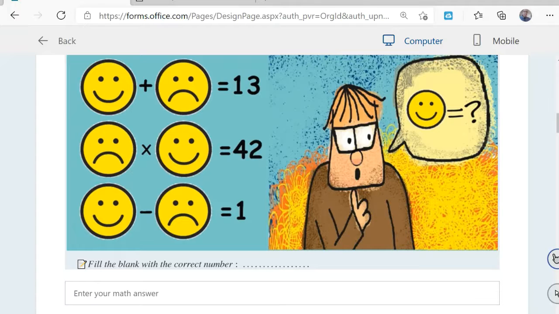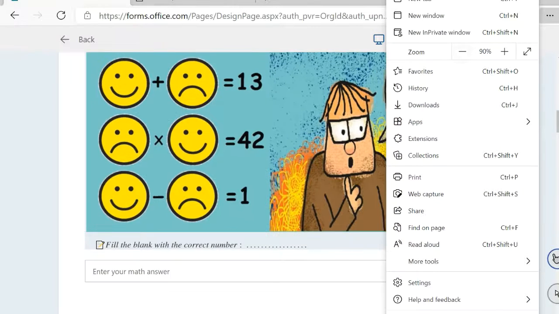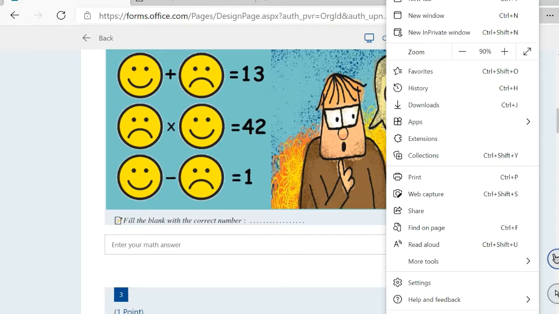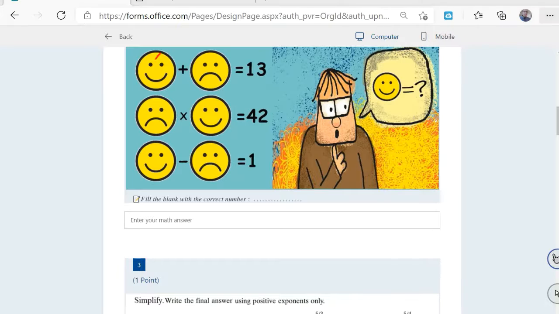Or you can try to apply a system of linear equations. Let me just zoom out a little bit. Let's say the happy face is x, the sad face is y. You can rewrite these as equations.